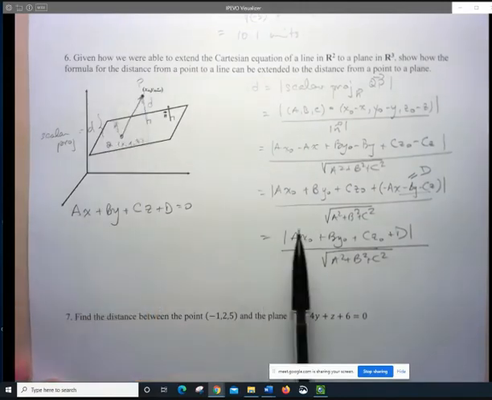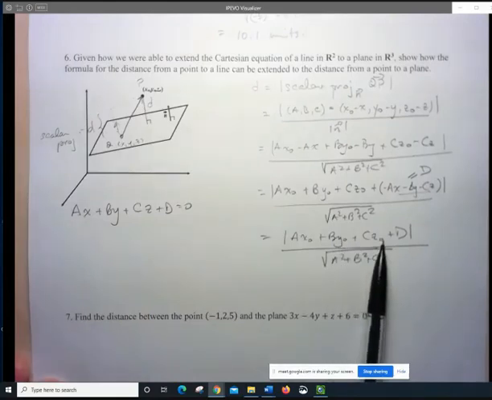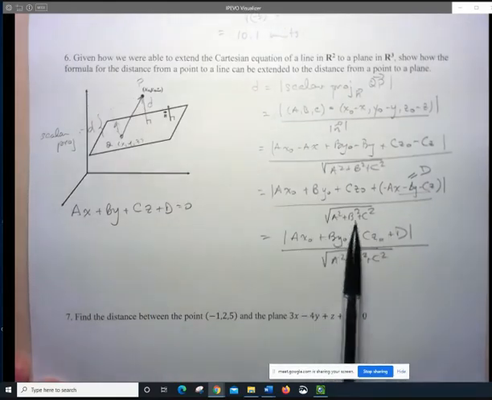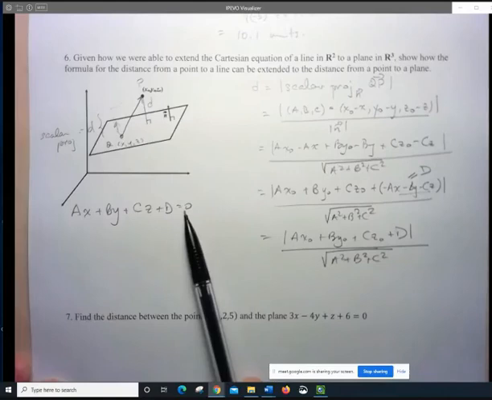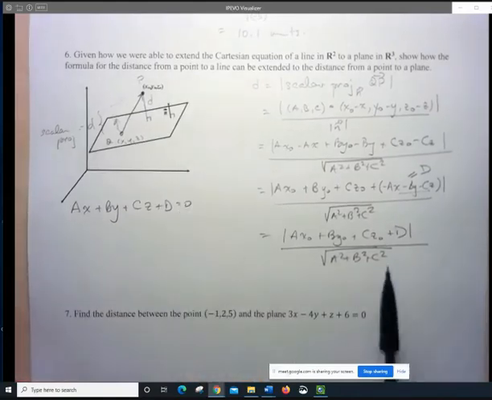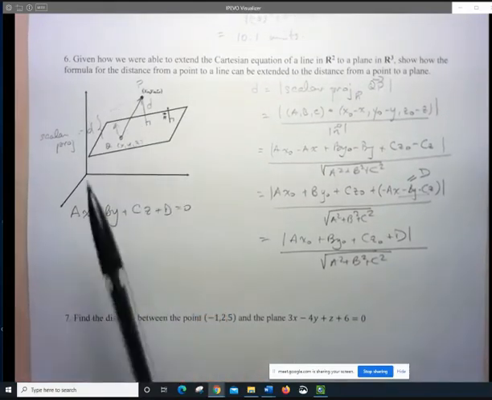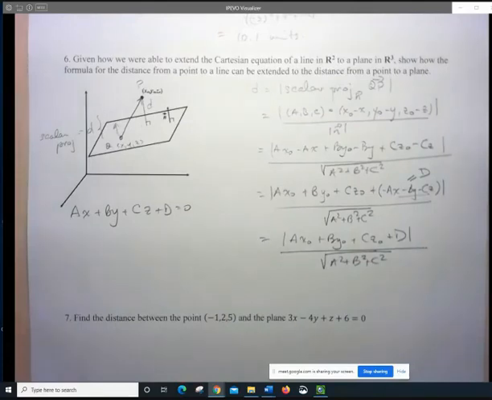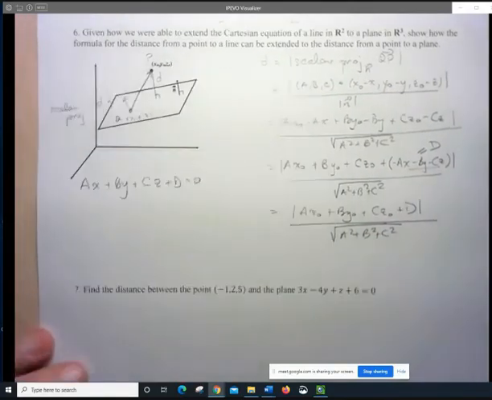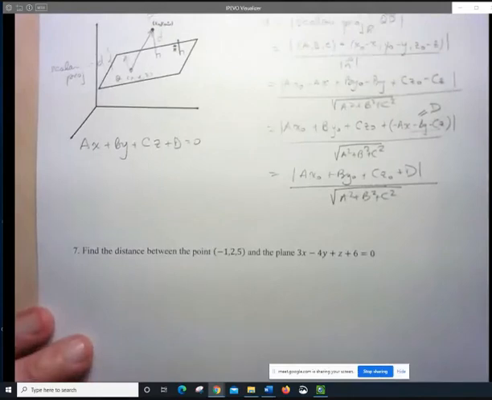Yeah, because then, if x naught, y naught, z naught is on the plane, then this whole thing should be equal to 0, which of course makes perfect sense, because if the point is on the plane, then the distance between the point and the plane should be 0. So let's just quickly do this example.